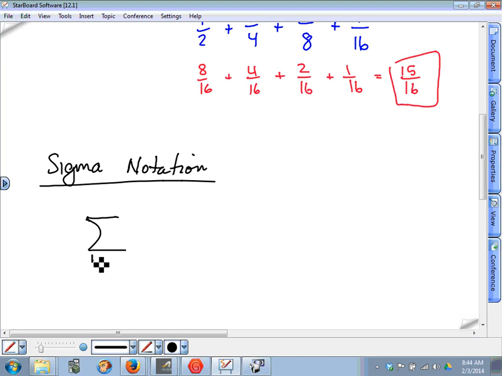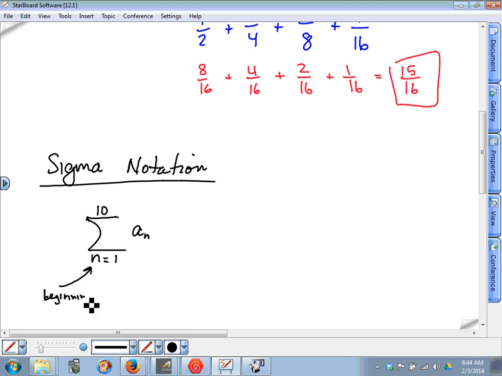Okay, so put this at the bottom. Put this on the top. And this is not in general. This is just a specific example. This is how you would see sigma notation written. Let's label these so you know what we're talking about. n equals 1.